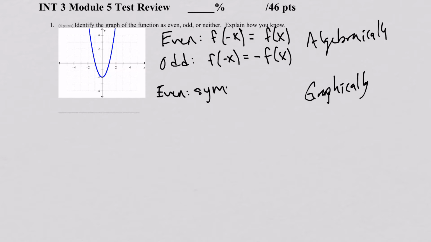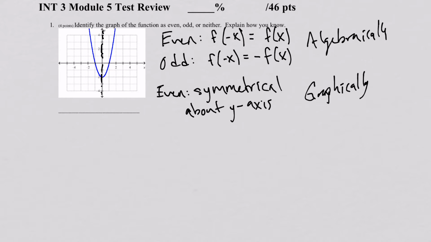It has to be symmetrical about the y-axis, meaning that the y-axis is the line of reflection, which is the case in this problem right here. If you see the y-axis right here, the graph is symmetrical about the y-axis, right? It's a perfect reflection right through there.